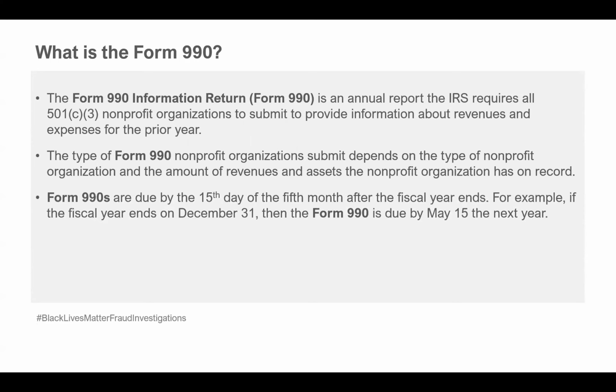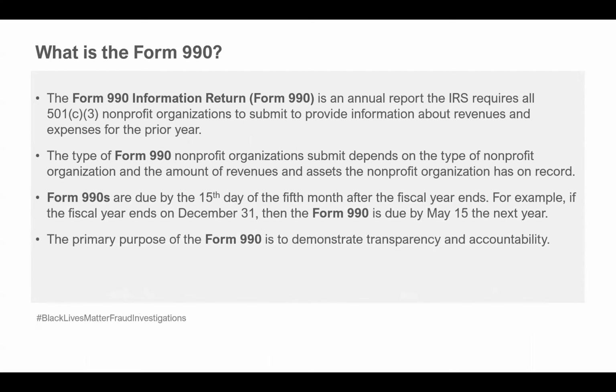Form 990s are due by the 15th day of the 5th month after the fiscal year ends. For example, if the fiscal year ends on December the 31st, then the Form 990 is due by May 15th the next year. The primary purpose of the Form 990 is to demonstrate transparency and accountability.